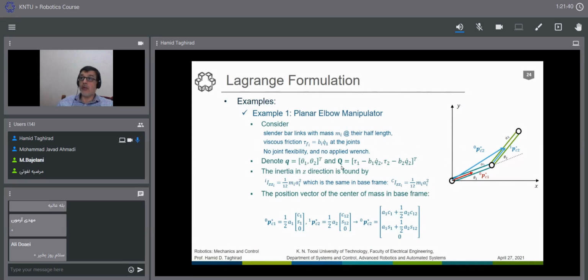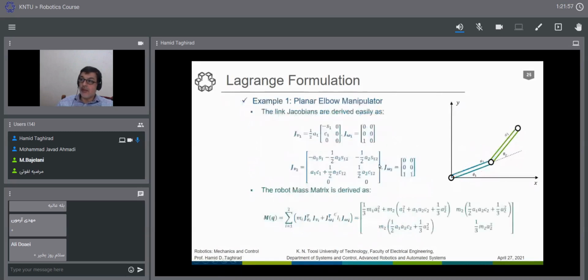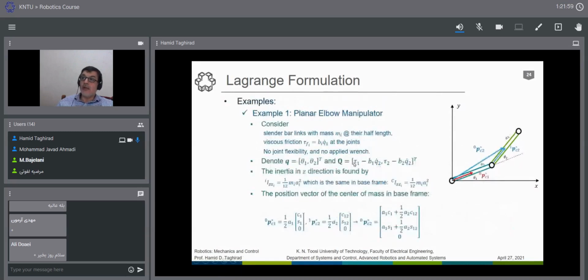The big Q is tau 1 and tau 2, with the friction terms subtracted from them, minus B1 q dot 1 and B2 q dot 2. This should be q dot 1. I'm very sorry, but there is also a mistyping here. I will fix that. As you see, q dot i, this should also be i. This gives you some sort of viscous friction terms.